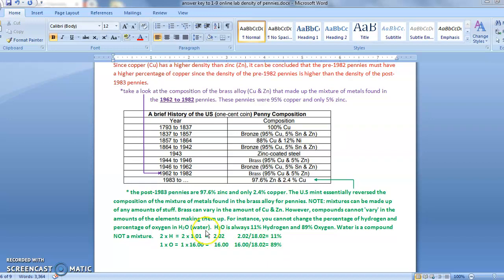Water is a compound. It is always a compound made up of 11% hydrogen and 89% oxygen. The percentages of elements in a compound cannot change because a compound can only be made one way. You can't mix different amounts and have water.